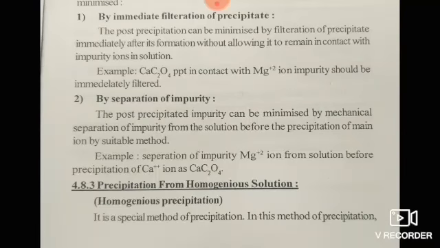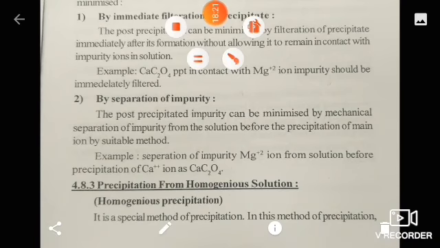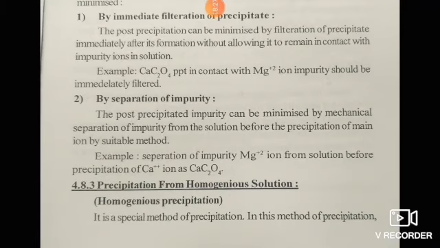So firstly, remove those impurities before the precipitation of the calcium ions. Remove the Mg2+ ion from the solution before the precipitation of calcium ion, by mechanical means or by filtration.